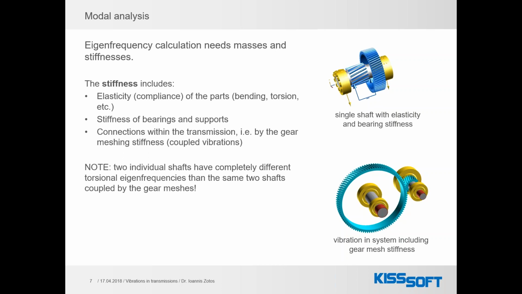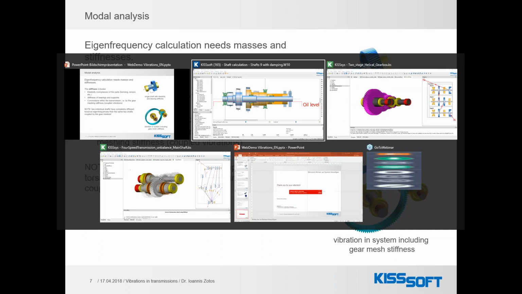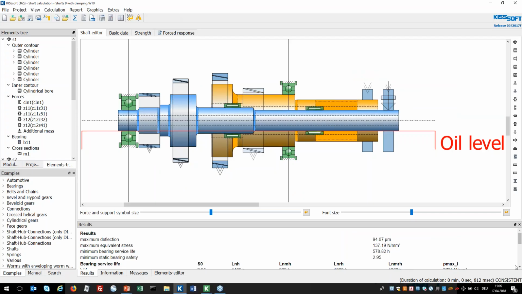I will just stop presenting now and go on to showing this all in KISSsoft and KISSsys, with 2 examples. So I will start with KISSsoft. I just started example 9. This is one of the examples that we provide with the software, and any test version has them also.